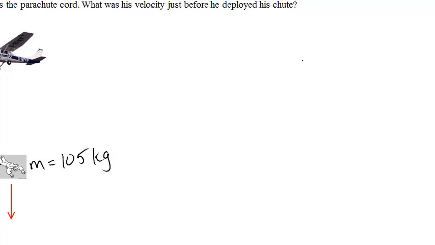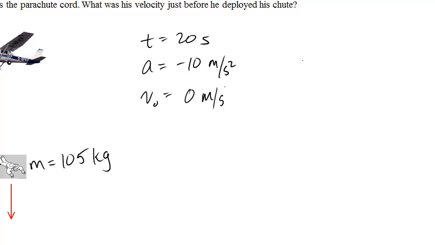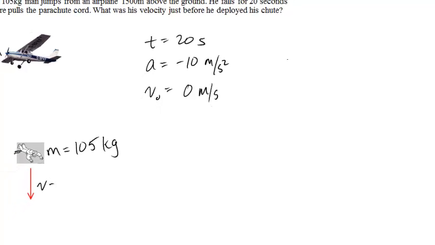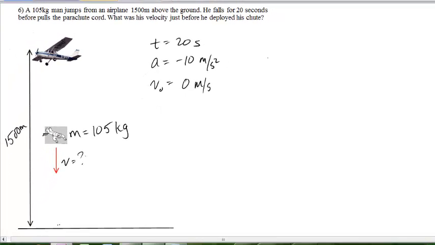So the useful information was time, 20 seconds, acceleration, of course, since he's in free fall, 10 meters per second squared, and initial velocity, which was 0 meters per second. I didn't tell you he jumped up or down, he simply left the airplane and started his free fall. And then what we want to know is that final velocity.